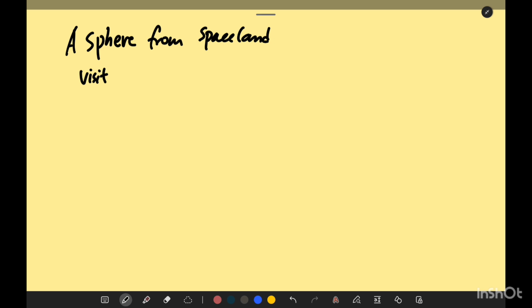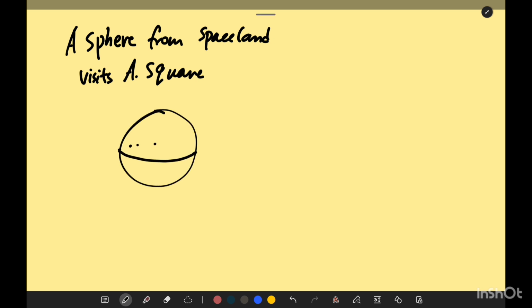the strangest things happen where a sphere from Spaceland visits A Square. Right. So, the sphere visits, I will draw a square like this, because that's what he really looks like to the sphere.